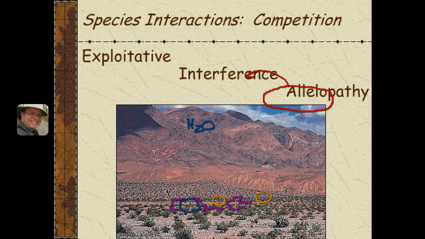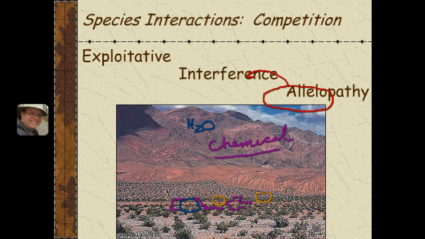How do they do it? Well, what they do is they release chemicals into the soil that inhibit the germination and growth of other plants nearby them. Allelopathy is a form of interference competition that utilizes chemicals. In fact, it's almost a type of chemical warfare.